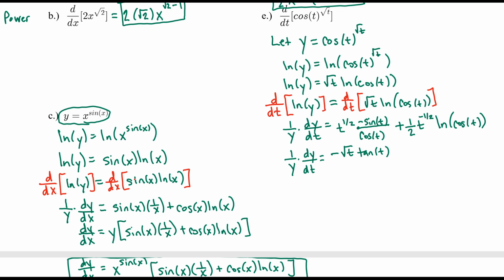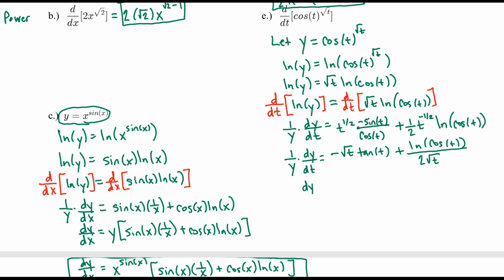Now on this one, we're going to have natural log of cosine of t on the top, and because we have a negative exponent on that t, I'm going to write that t to the 1/2 in the denominator and convert it back to square root form. Now we're ready to multiply both sides by y. So we have dy over dt equals y times everything we have over here.